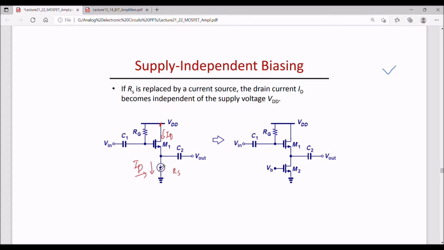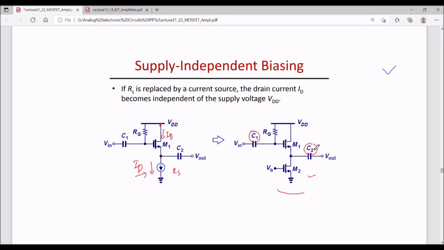Now this bias current source can be implemented by using an NMOS transistor. Because an NMOS can pick a current from a node and sink it to ground, I can use an NMOS here instead of this constant current source. And then we understand why these coupling capacitors are present.